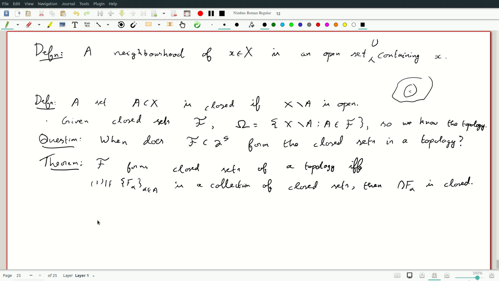Let me write the second one. So we have flipped unions with intersections. Arbitrary unions of open sets were open, arbitrary intersections of closed sets are closed.